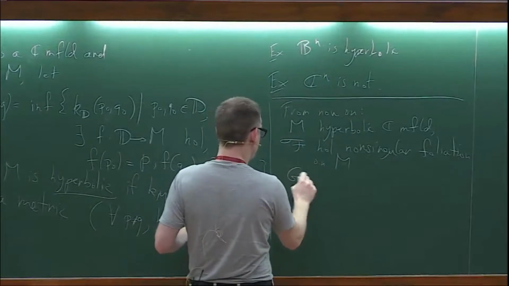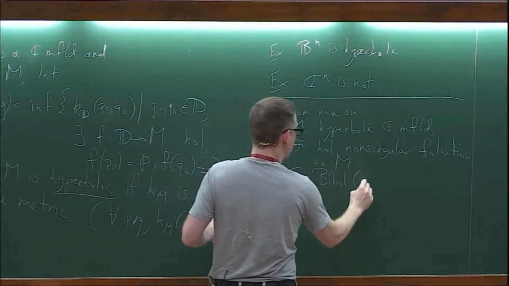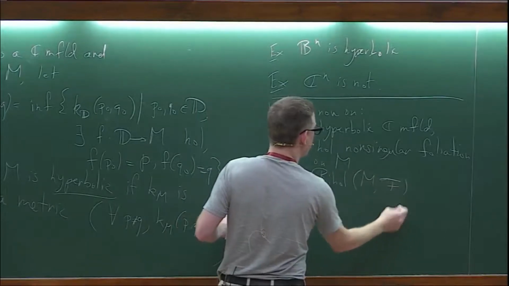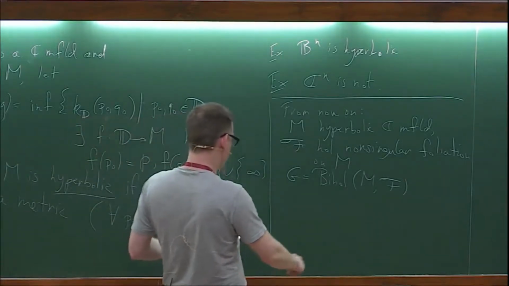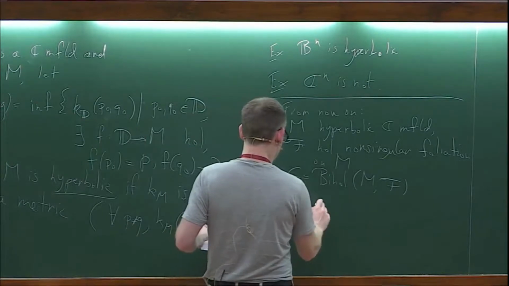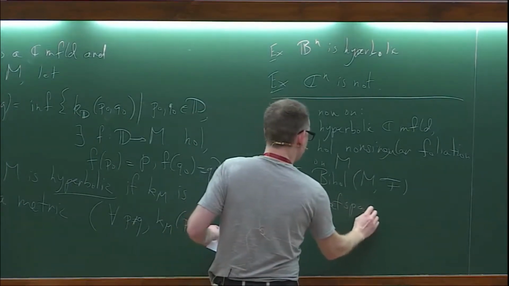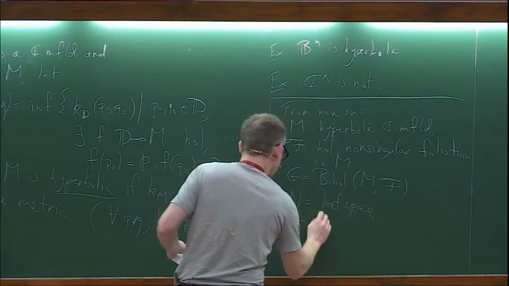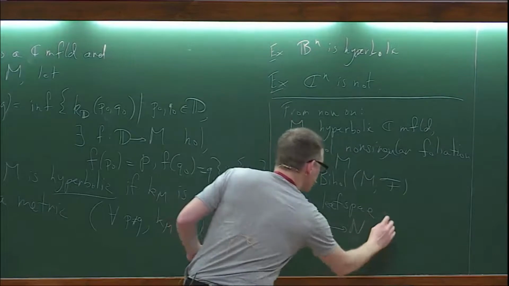I want G to be the biholomorphisms of M that leave F invariant, not fixing every leaf, but taking each leaf to another leaf, possibly a different leaf. And then I want to let N be the leaf space, and pi taking M to N is the leaf map.